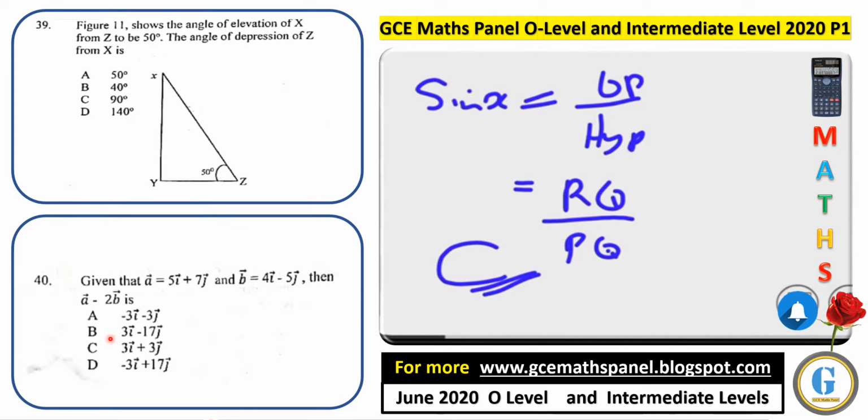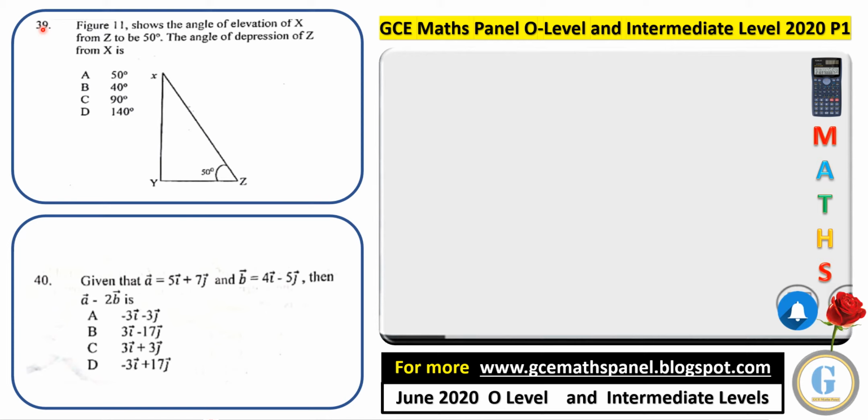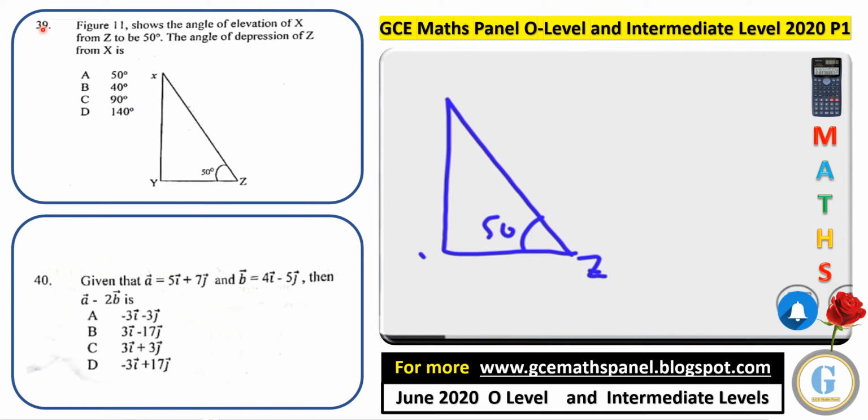Question 39 reads, in the figure shown, the angle of elevation of x from z is 50 degrees. What is the angle of depression of z from x? Normally this is what we have: 50 and z here, y and x.